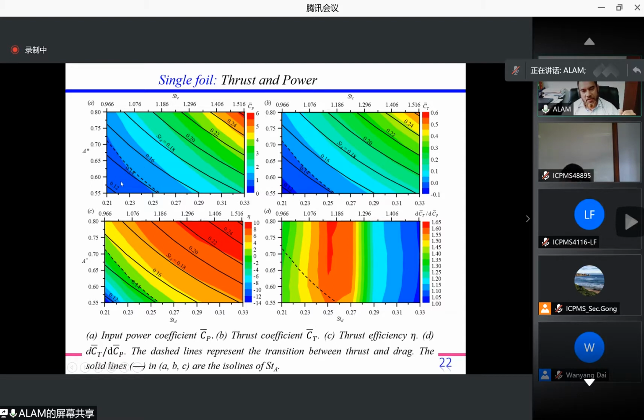And then where is the optimum? How do I say that's the thrust or the acceleration? Where is the maximum thrust against change in CP? If we get dCT over dCP, that means the change in thrust with respect to the power input, we found that when the STD is about 0.25, we have the maximum gradient.